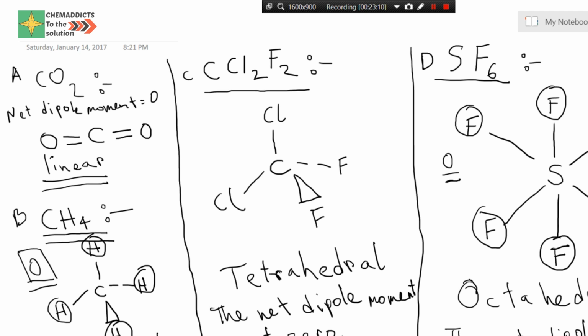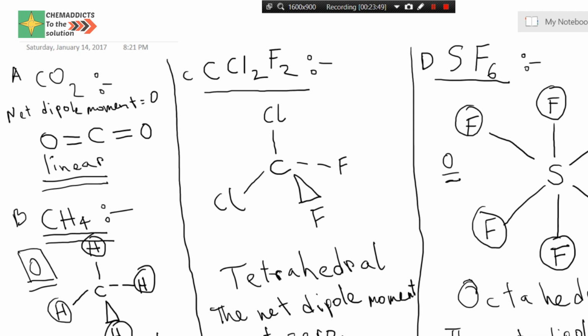In the case of C, we can see that different atoms are attached to the central atom, so that makes the net dipole moment not 0, not the value 0. In the case of SF6, this molecule is symmetric, and all the atoms attached to the sulfur are fluorine, so that makes the net dipole moment 0 once again.